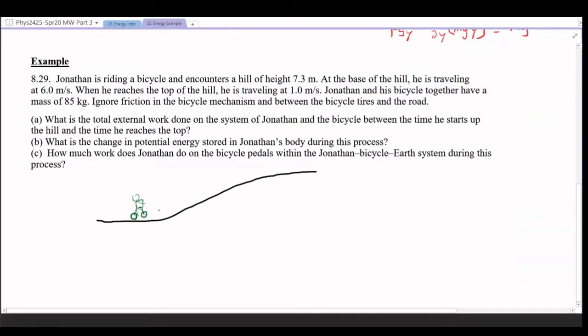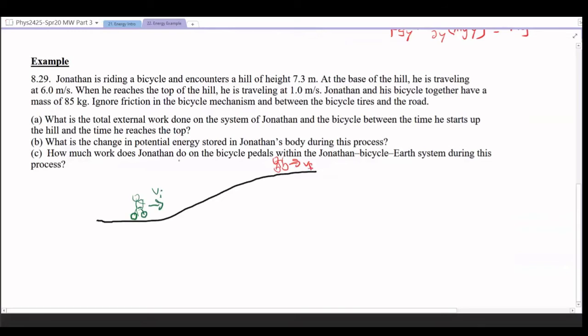Yeah, that looks like a bike. So initially, we have some VI, and at the top of the hill, we are not going to be going as fast. So we're going to have a VF.